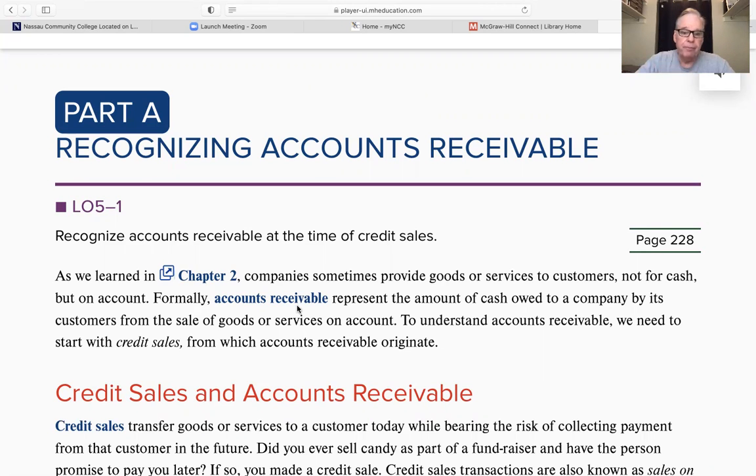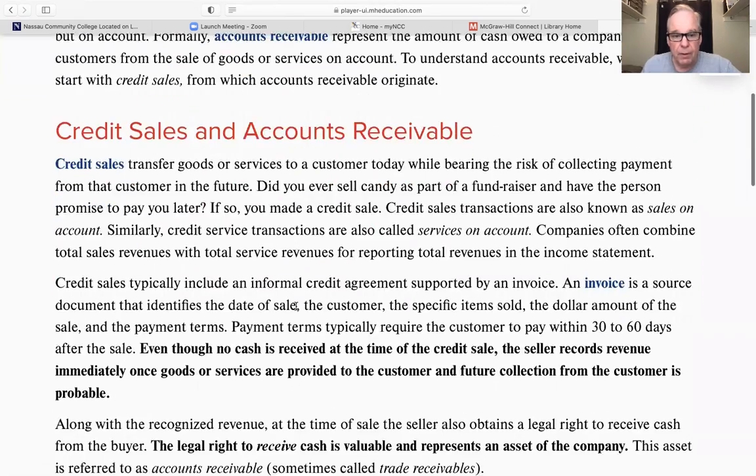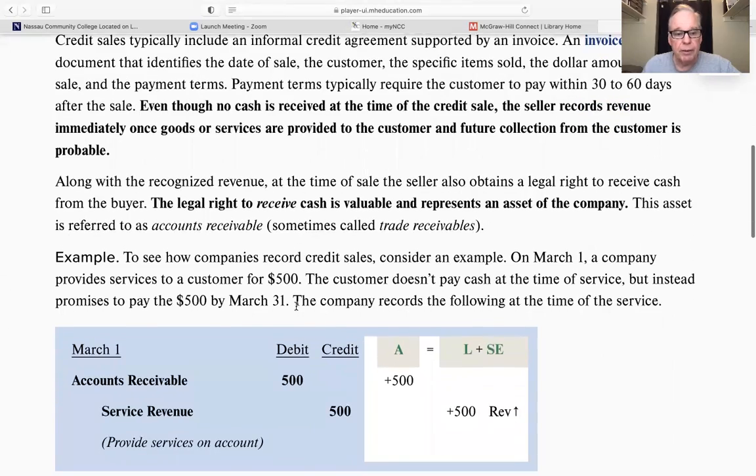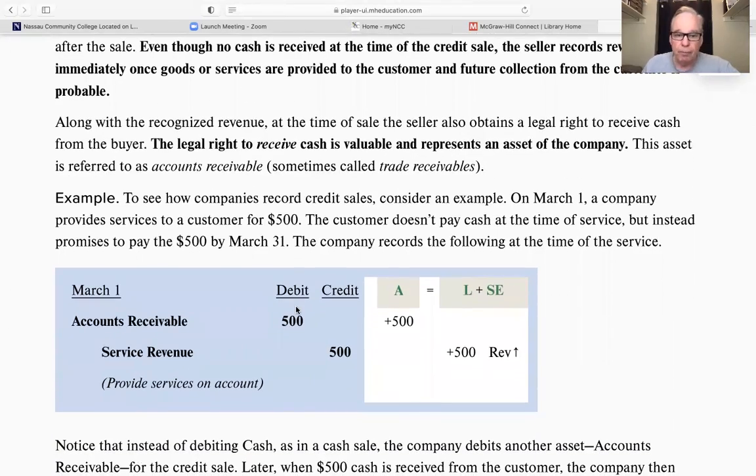If the customer were to pay you at that time, you would debit cash and credit revenue. But if the customer doesn't pay you then, your arrangement with the customer is that they pay you later, that's debit accounts receivable and credit revenue. Right? So we don't have to just wait until we get cash to record revenue. We record revenue when the service is provided.